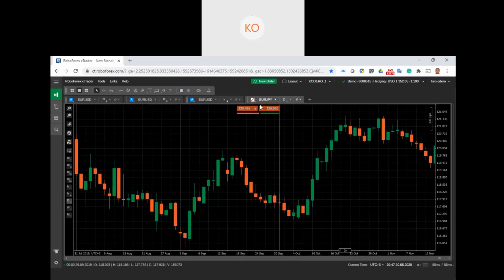This is Euro Japanese yen, and my time frame here is day. So you look at it. Then for you to be able to set up the support and resistance zone, you zoom out.